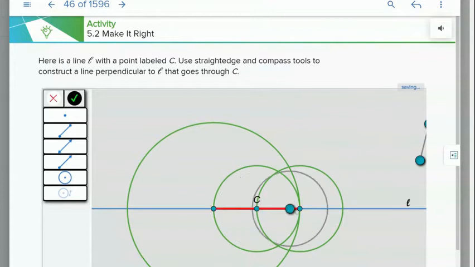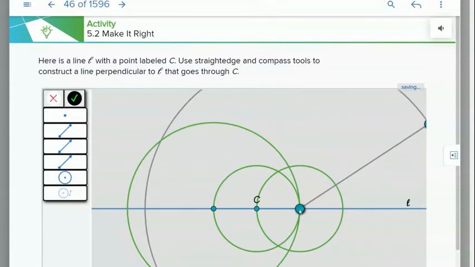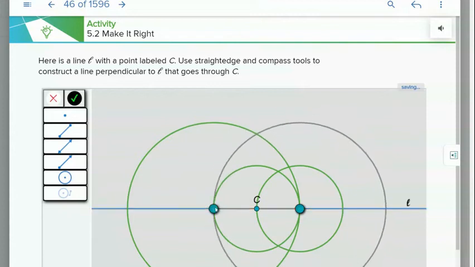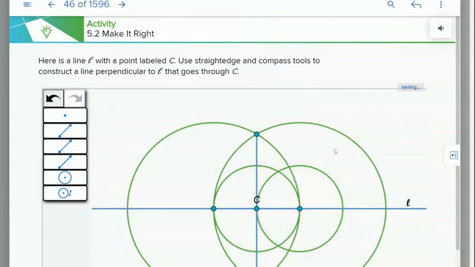How about here? There we go. Do you see it? Sometimes it's just about where you want to construct your circles, to use your compass tool. Okay, that line is definitely perpendicular and it does go through point C.